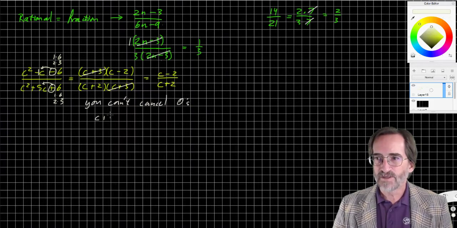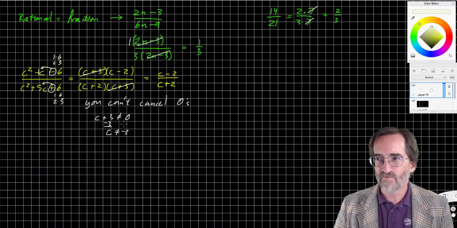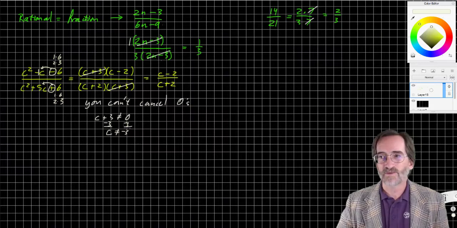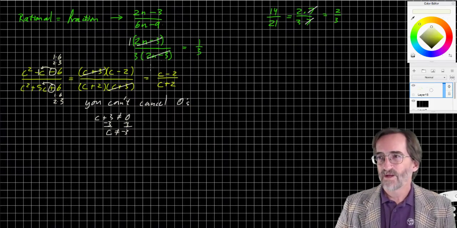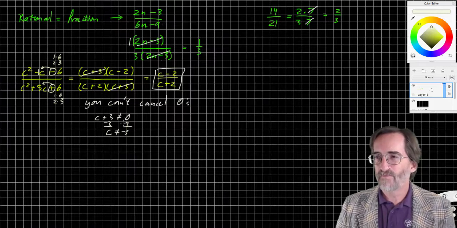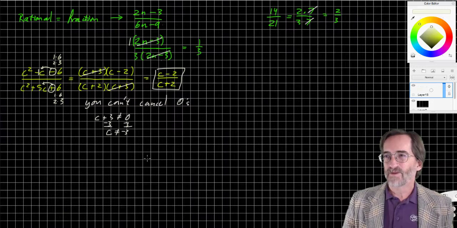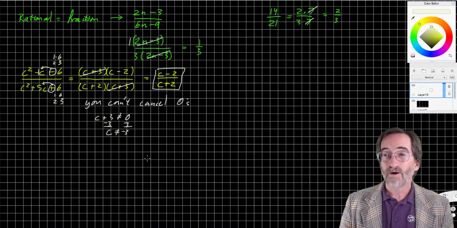If c plus 3 equals 0, all bets are off. c plus 3 cannot be 0, so c cannot be negative 3, because negative 3 plus 3 would be 0. But the lesson's not going to bring that out, so I just wanted to mention that. That does come up in higher level mathematics, that you can't cancel zeros. All right, let's try one more.